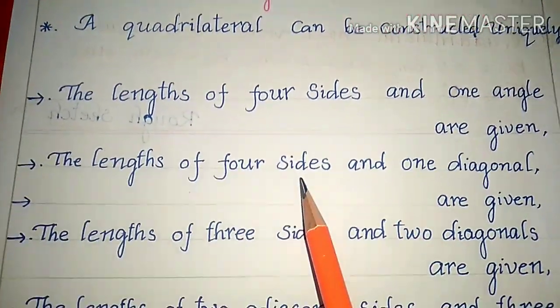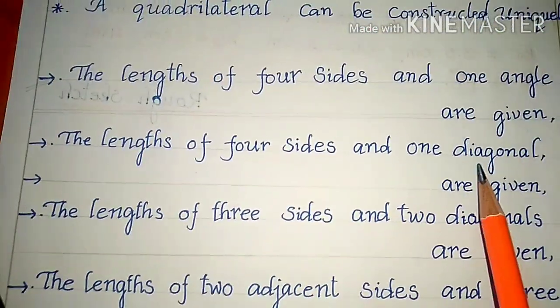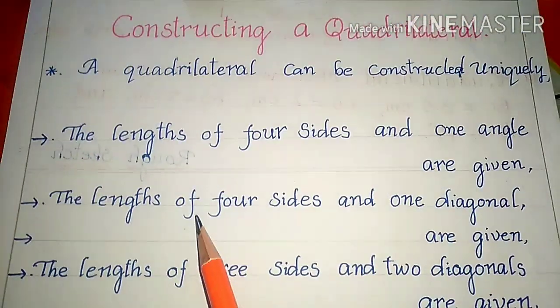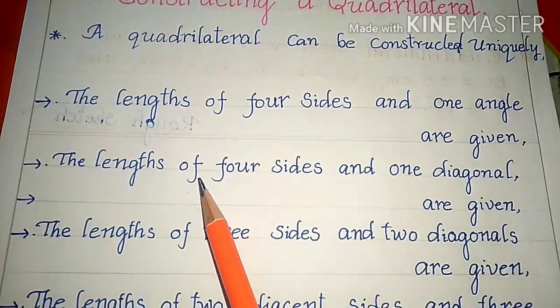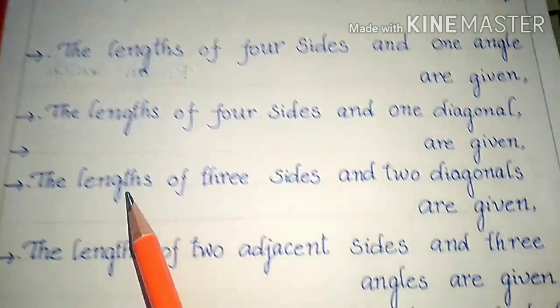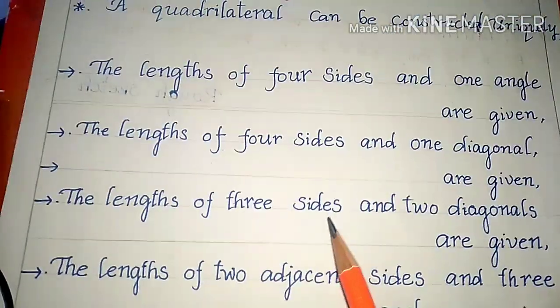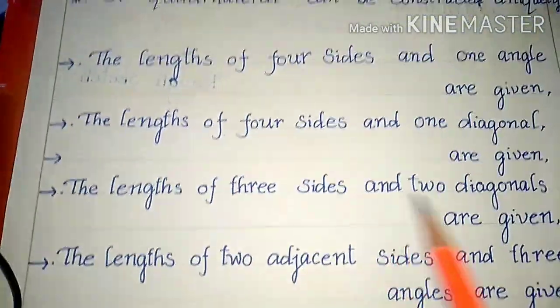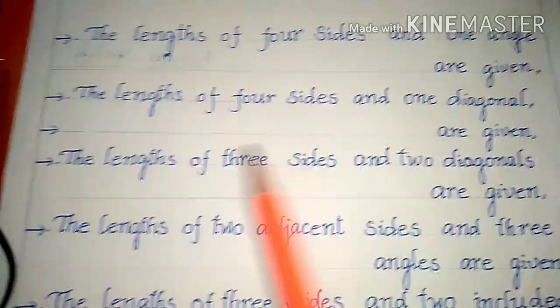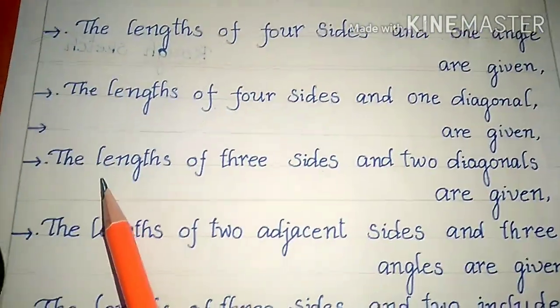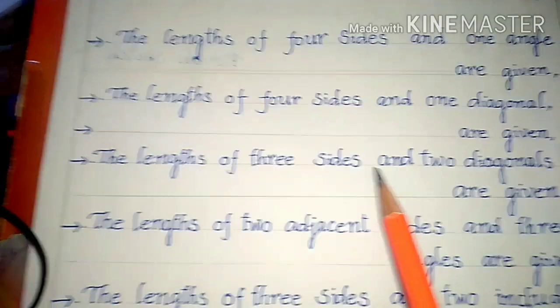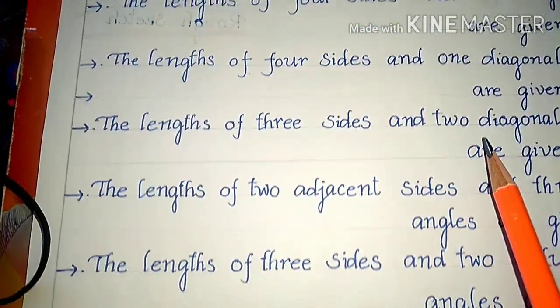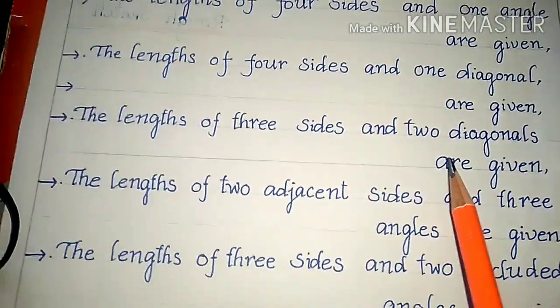Next, third model, the lengths of 3 sides and 2 diagonals are given.